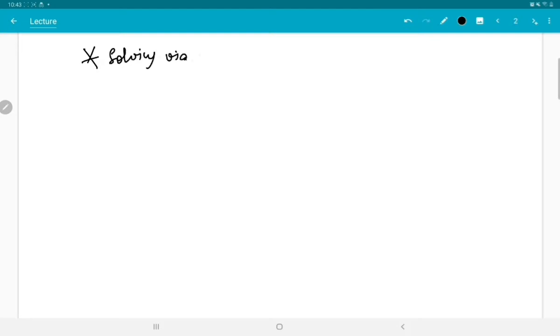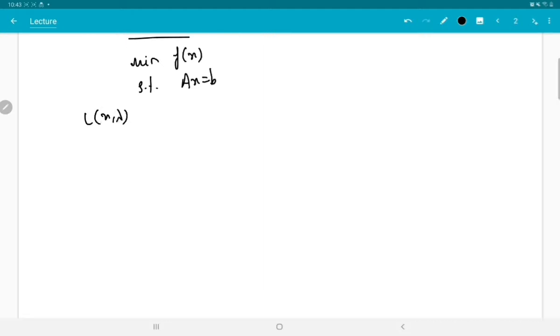Solving via the dual. So we have the same problem. We have minimize f(x) subject to Ax equal to b, and we write down the Lagrangian, to frame the dual. So it's f of x plus nu transpose (Ax minus b).